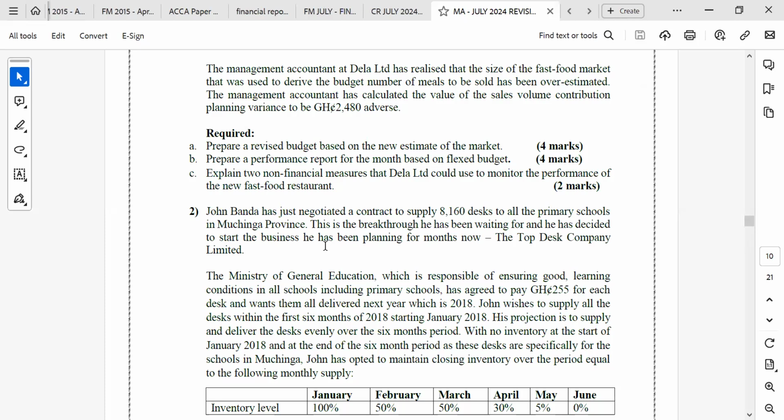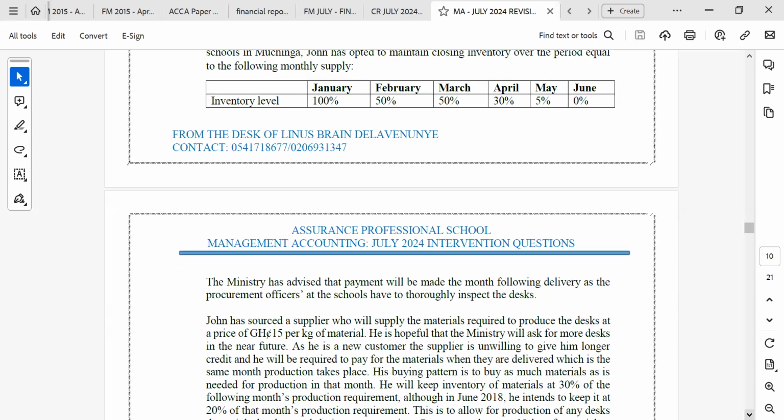Are we given any information about that? John wishes to supply and deliver with no inventory at the start of January and the start of the 6 months. Okay, there's no information about the cash there. Let's come here.